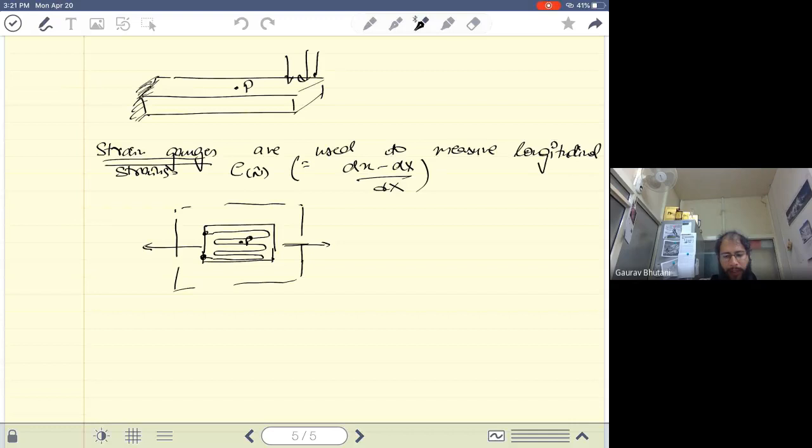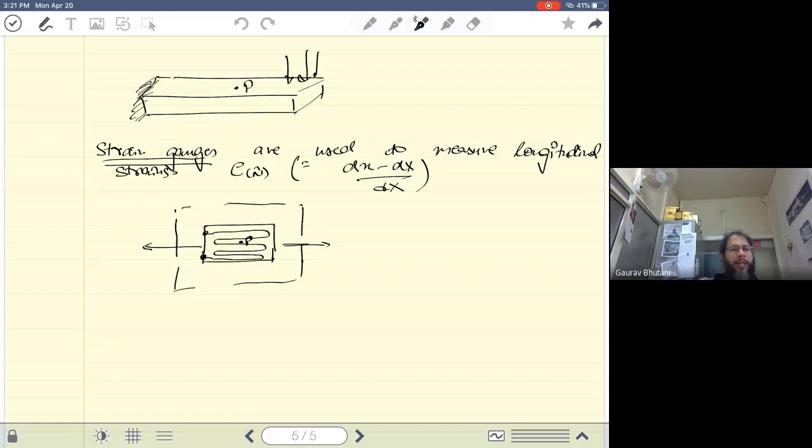the total length of this wire that is going in a tortuous path increases, and as the total length increases, the resistance will change. Usually you use a Wheatstone bridge to balance the voltages and find the change in length.